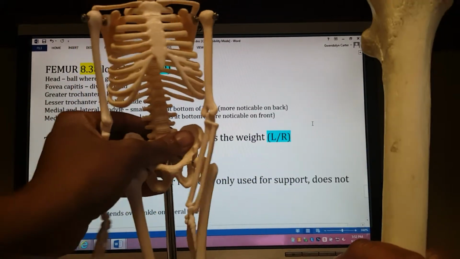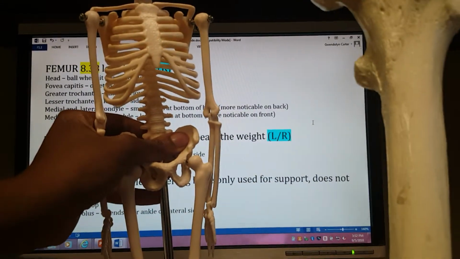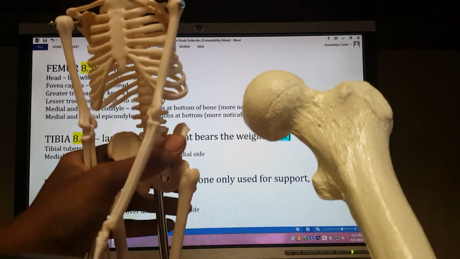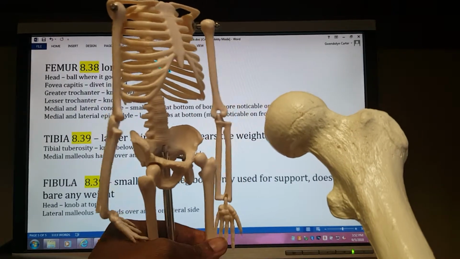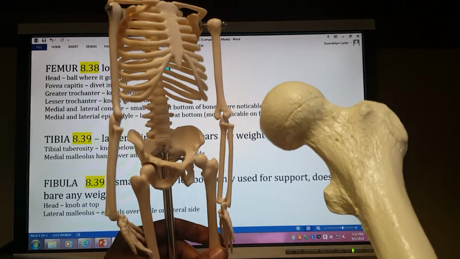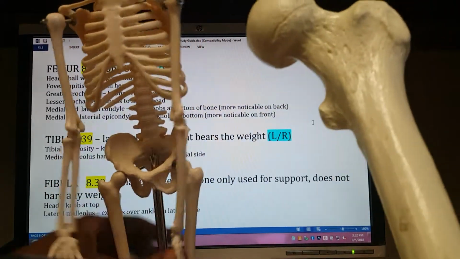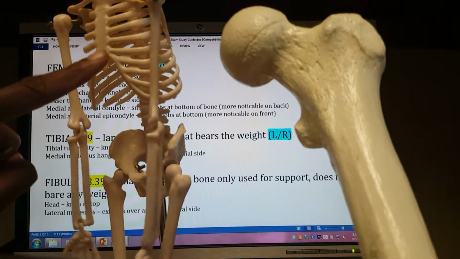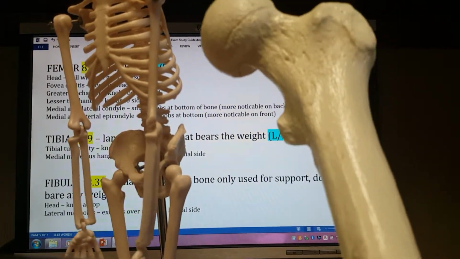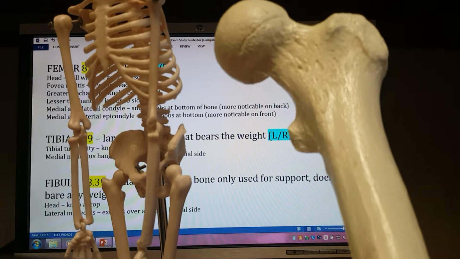So here we have this femur matching similar to the smaller femur on the little whole skeleton or our articulated skeleton. So your ball is going to go into the socket towards the medial or midline of your body.